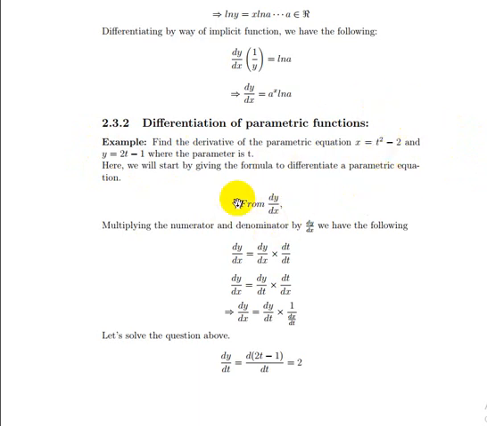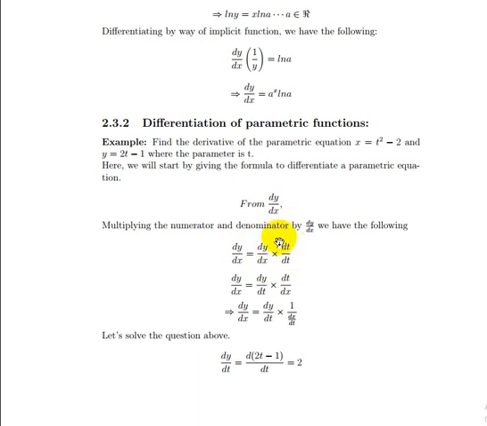I'll first start by saying that the derivative f prime of x is given as dy over dx. This is why it's good to use the format dy over dx rather than f prime of x. So using this, dy over dx equals dy all over dx times dt all over dt.